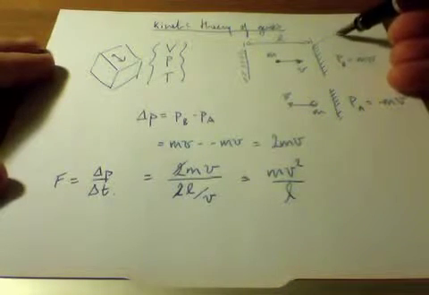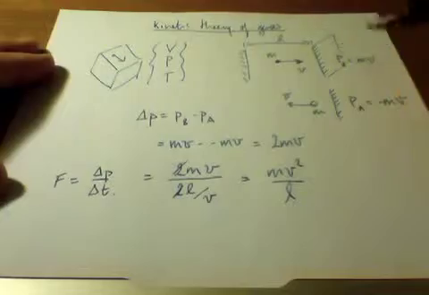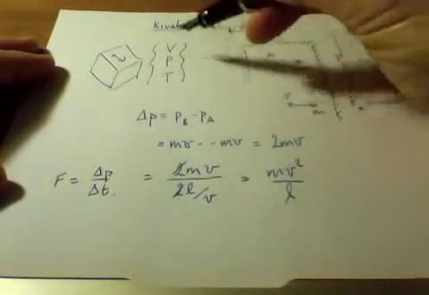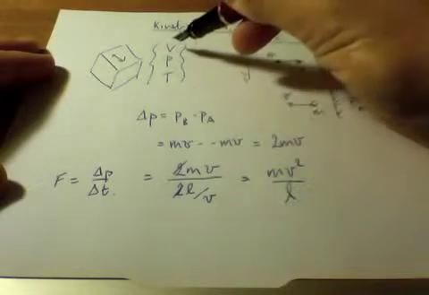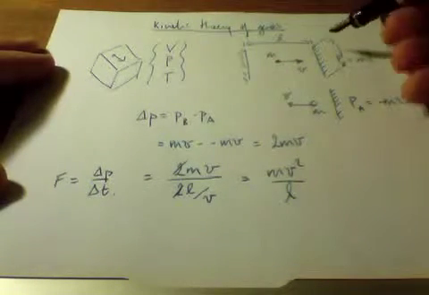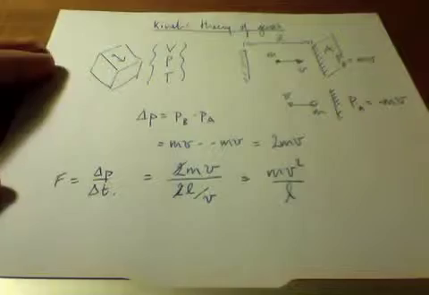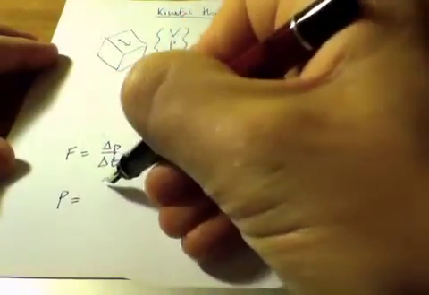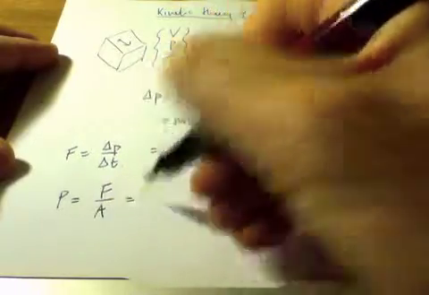But what's interesting is, of course, that we're looking for a pressure, because that's what we've been dealing with in our previous gas laws and ideal gas equation values. So if we imagine that that wall has an area A, the pressure exerted is going to be the force divided by the area.